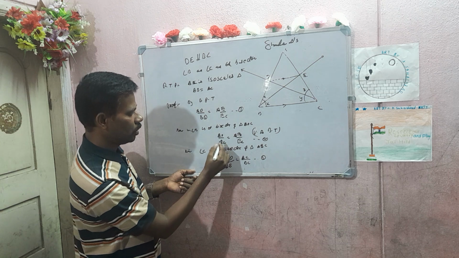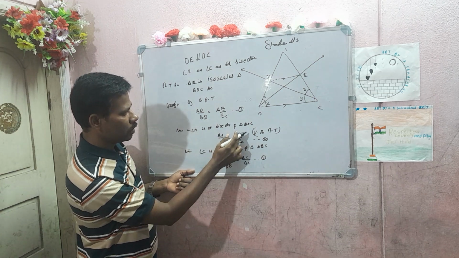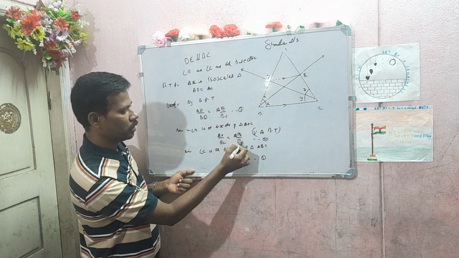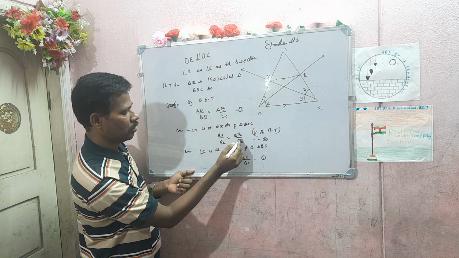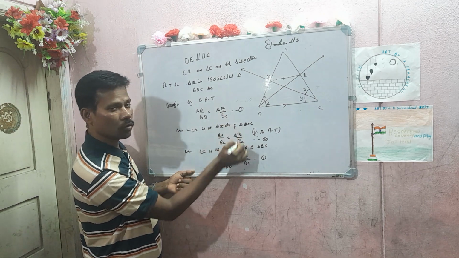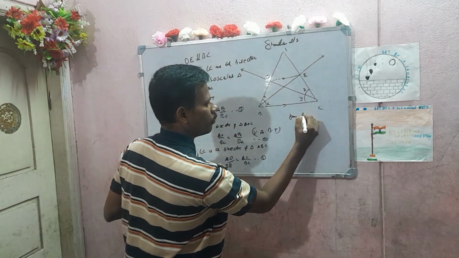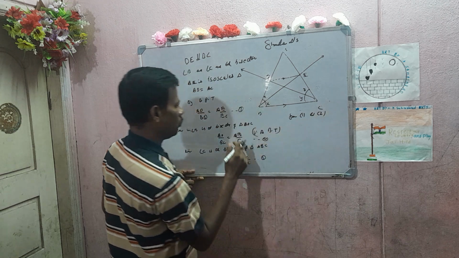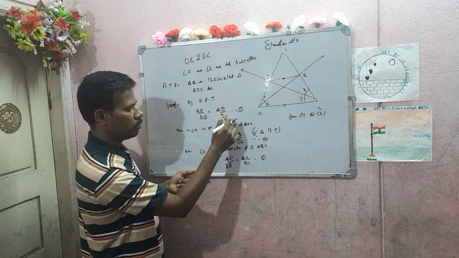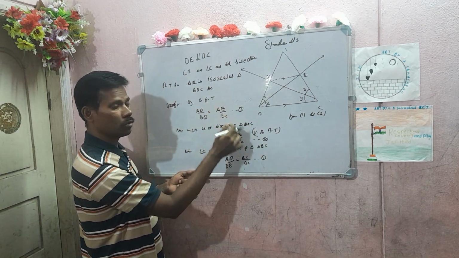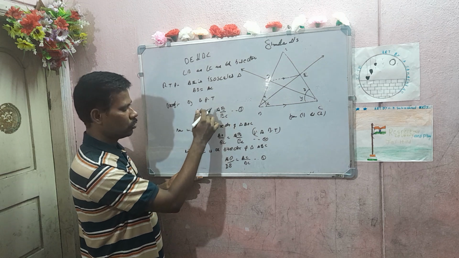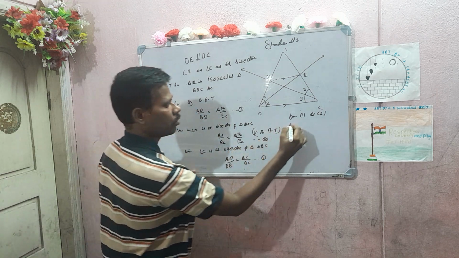What you will do? Here AE by EC is given. From 1 and 2, AE by EC is equal to, you see here both are same, so we can equate these two.